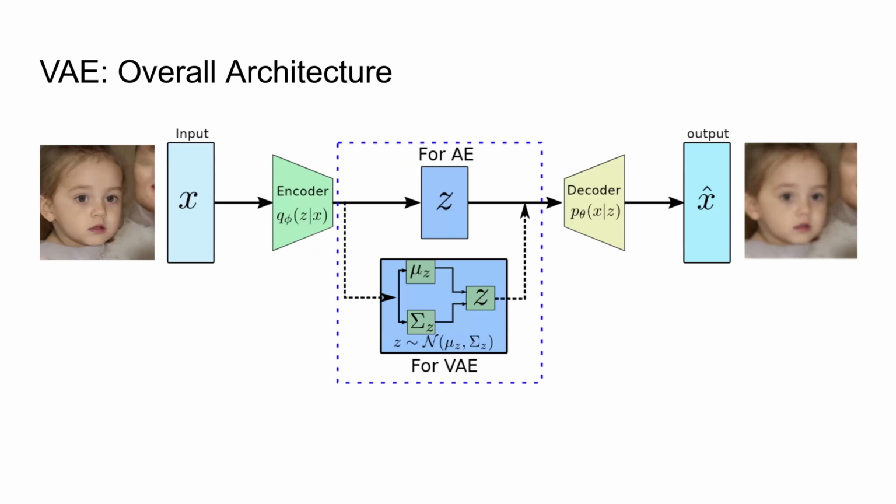So after this is the overall architecture of the VAE. This is our input, this is our latent. We have this encoder which models the posterior probability, and we have this decoder that models the conditional probability.